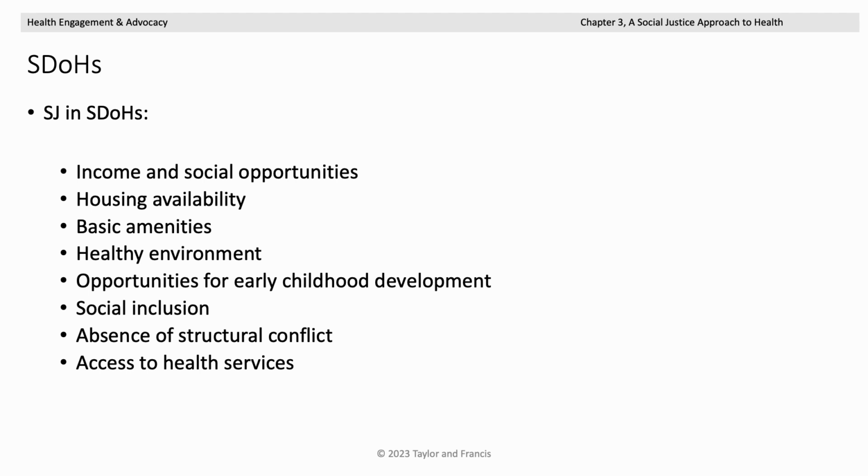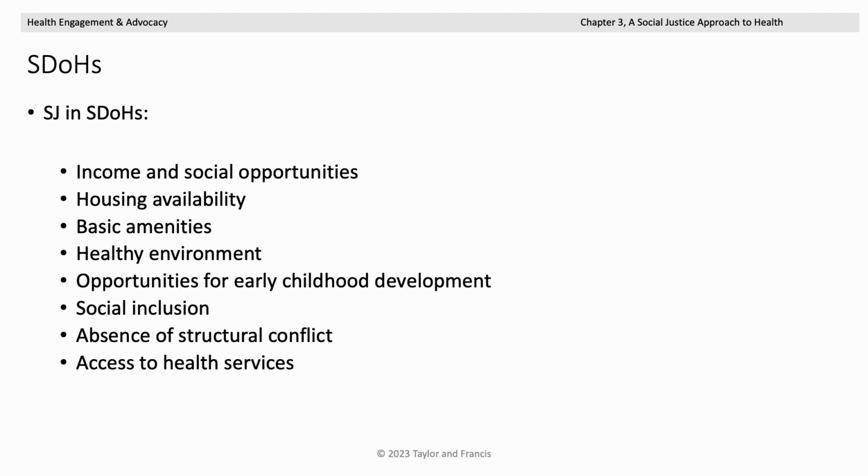When we apply a social justice lens specifically to SDOH, we're asking about income and social opportunities, housing availability, basic amenities, a healthy environment, opportunities for early childhood development, social inclusion, the absence of structural conflict, and access to health services.